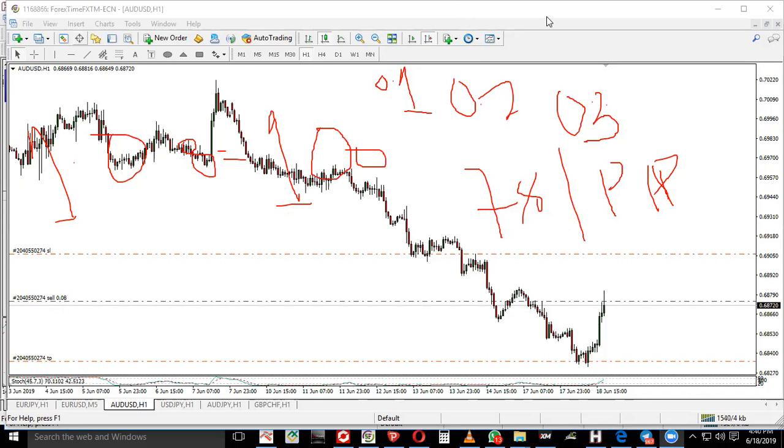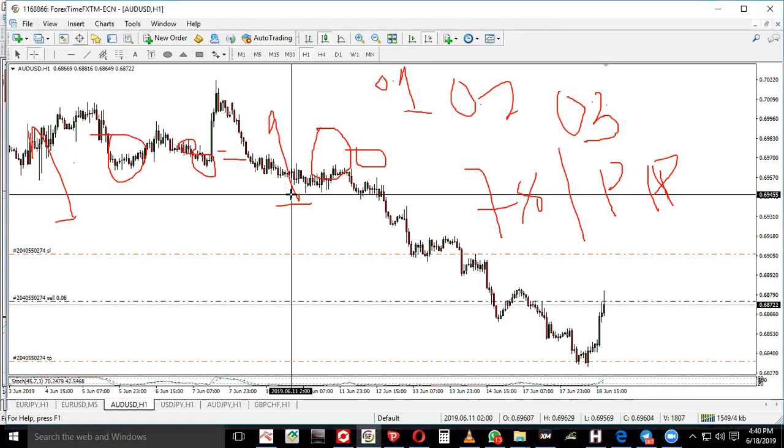These quantities we have in various types, such as the standard, the mini, and the micro lot size. Then we also have the nano.